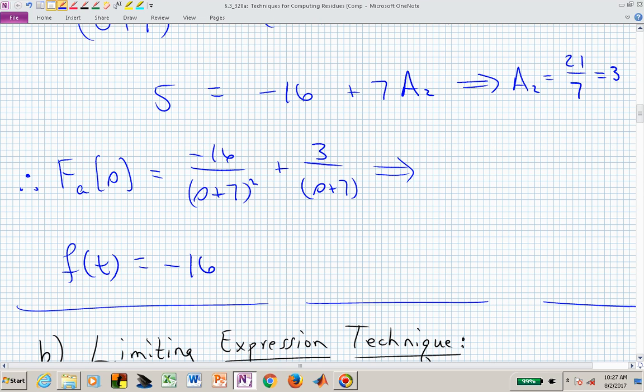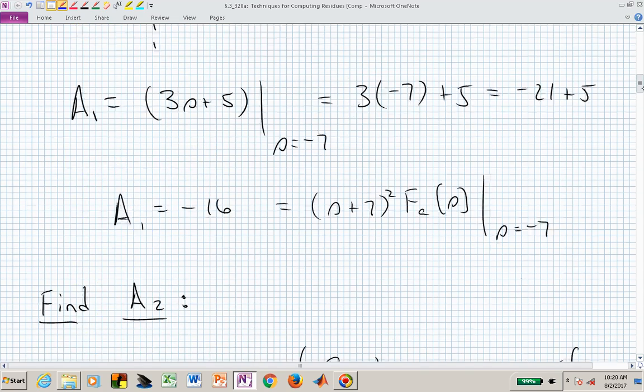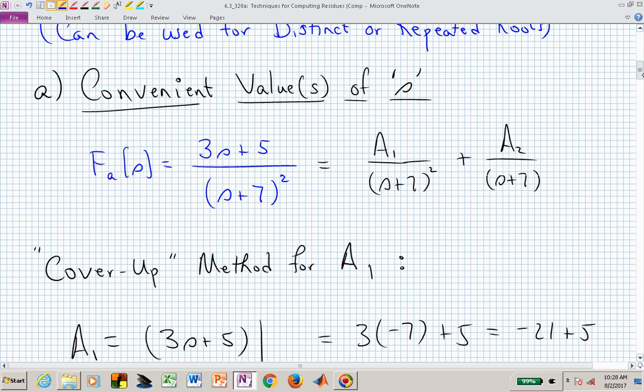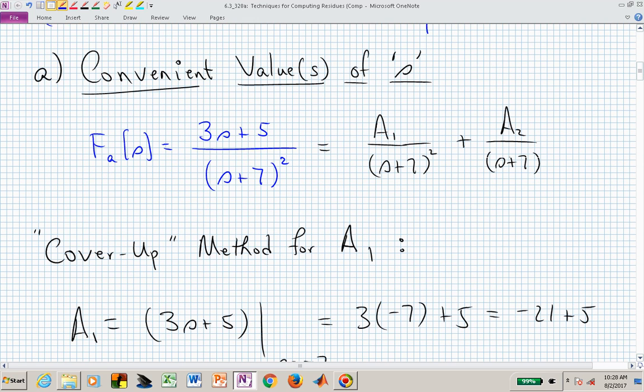Now that that's repeated, we need to put a t in front of it. We have minus 16t e to the minus 7t plus 3 e to the minus 7t, t greater than or equal to 0. And that's now our time domain expression for the first example where we were using a convenient value of s.